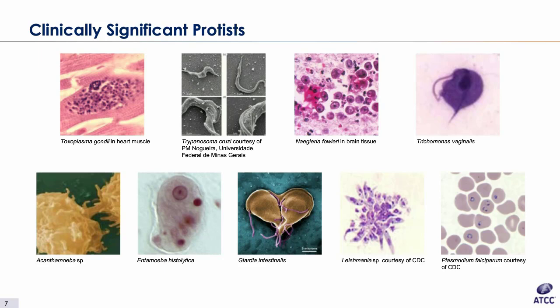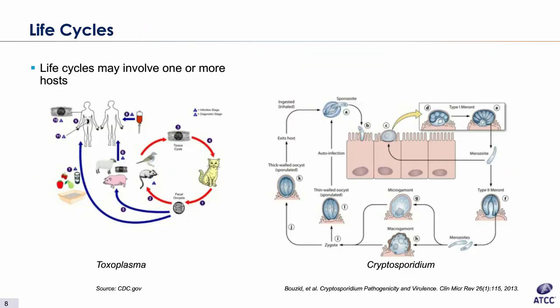Now, I'd also like to talk for a moment, if I might, about some of the life cycles that some of these organisms have, because they're really kind of fascinating and involved. As examples, I've chosen these two. This one on the left here is the life cycle of Toxoplasma that I've already showed you a picture of in the last slide. This is a parasite that has a cat as an intermediate host. And you might have heard that pregnant women are not supposed to change the cat box.